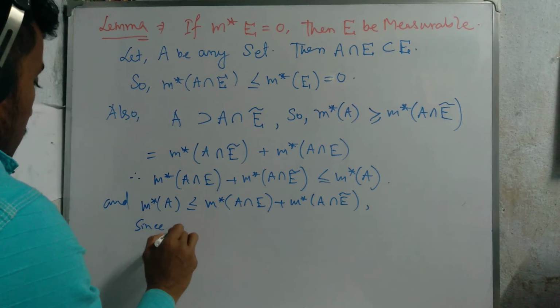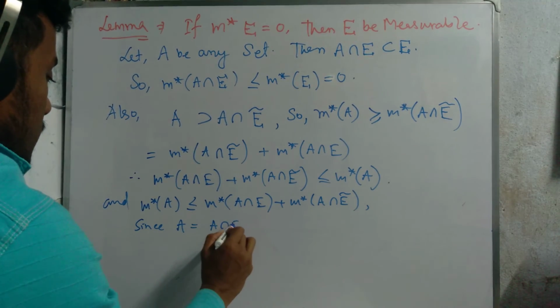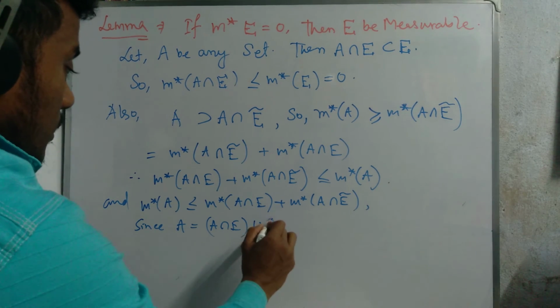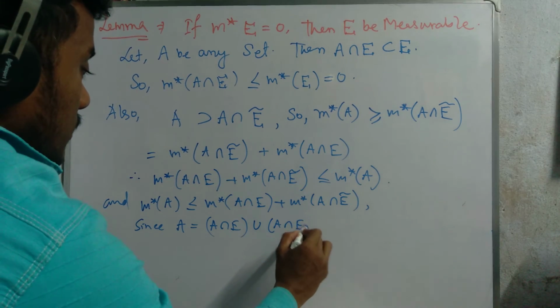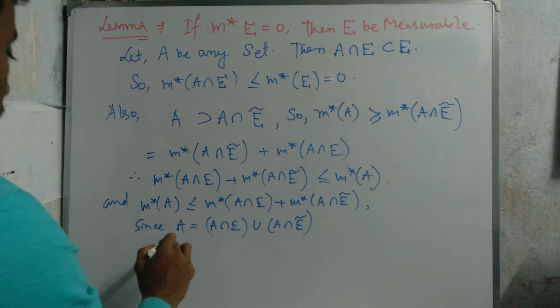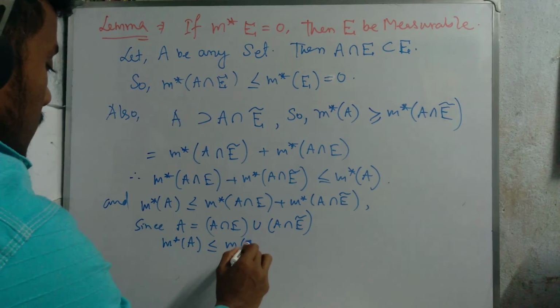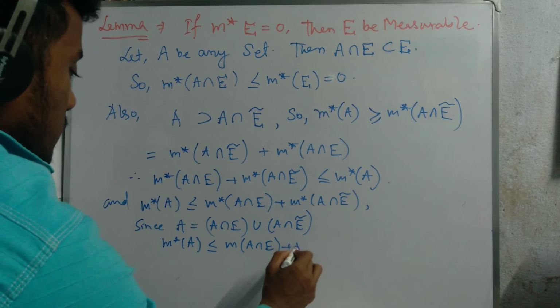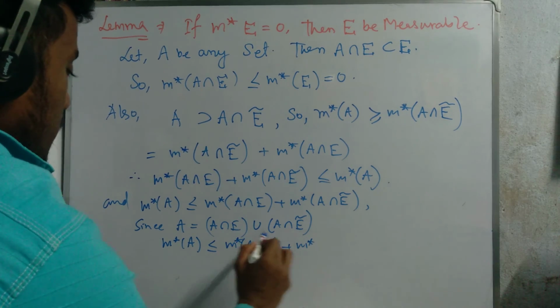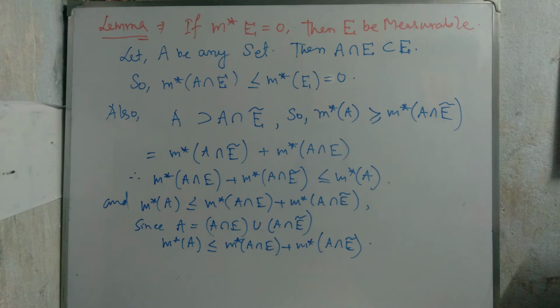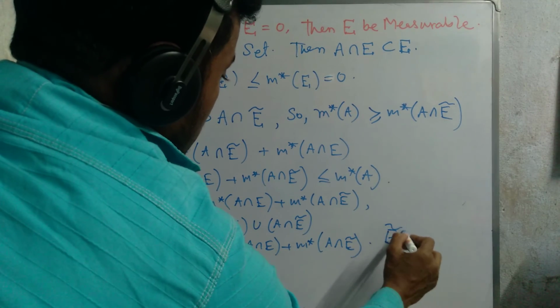Since A equals A intersection E union A intersection E complement, then m star A is less than or equal to m star of A intersection E plus this one, because of the subadditivity property. Here E complement is the complement.